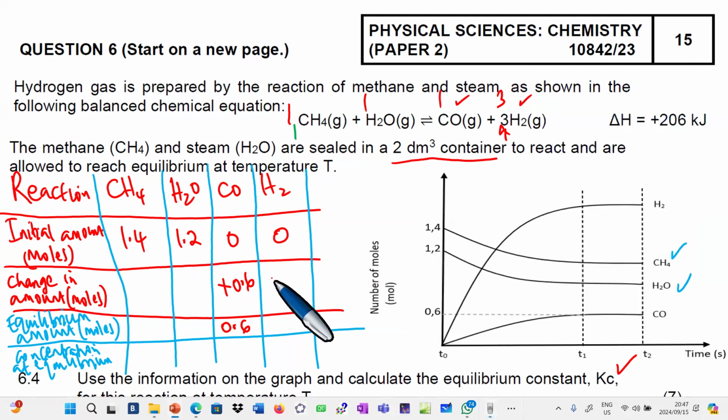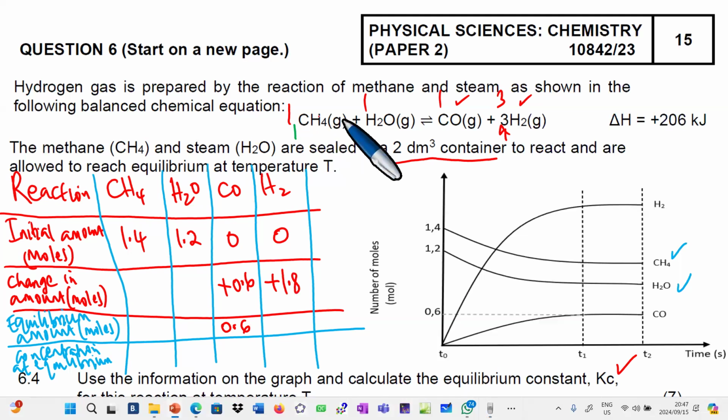Meaning here, you're going to have change in the amount, which should be 1.8 moles plus 1.8 moles. Okay, because 1:3 is the mole ratio for the number of moles of carbon monoxide to the number of moles of hydrogen gas. Okay, these are the changes.